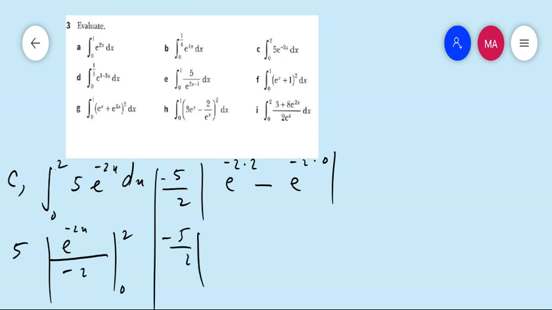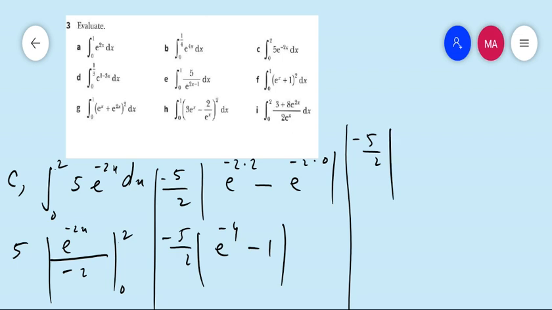Minus 5 upon 2, e to the power minus 4 minus 1. Minus 5 upon 2, e power minus 4 becomes 1 upon e power 4.